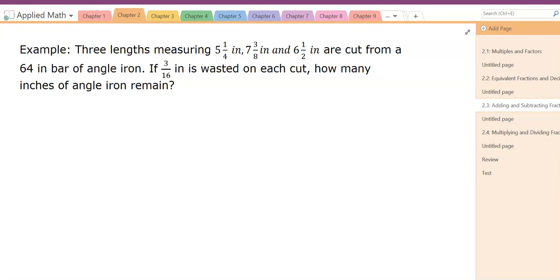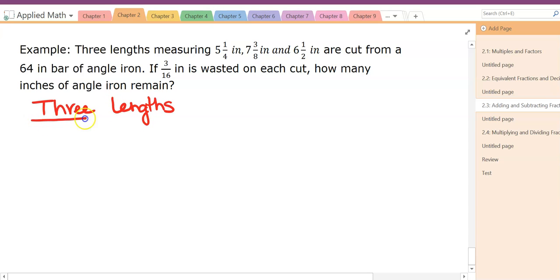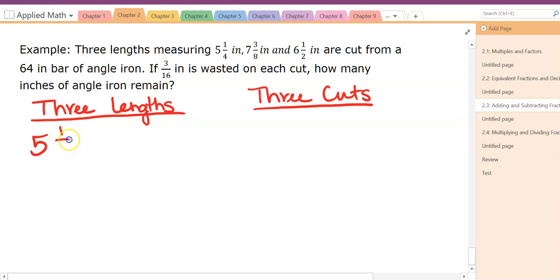So let's break this apart into, we have like 3 lengths that they're cutting, and there's 3 cuts. And I'm saying that because we have to account for the waste that happens every single time. So the 3 lengths would be 5 1/4, 7 3/8, 6 1/2.